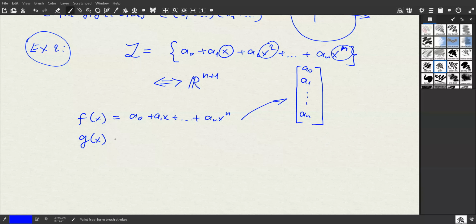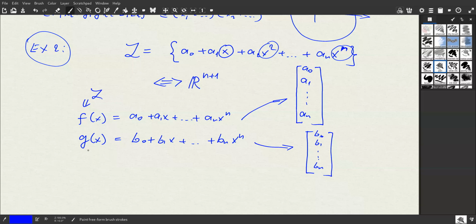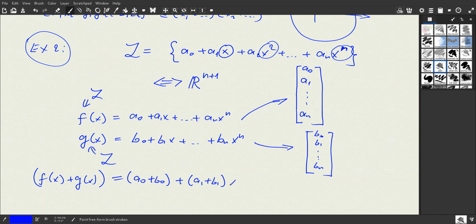And another polynomial g of x is, let's say, b0 plus b1x plus so on plus bn x to the power n, and this is defined as a vector b0, b1, and so on, bn, and this polynomial belongs to L, then the sum of these two polynomials, f of x plus g of x, is indeed a polynomial with coefficients a0 plus b0, obviously a1 plus b1 multiplied by x, plus so on plus an plus bn multiplied by x to the power n, and therefore it can be written as a vector a0 plus b0 and so on an plus bn, and it also belongs to the same linear space L.